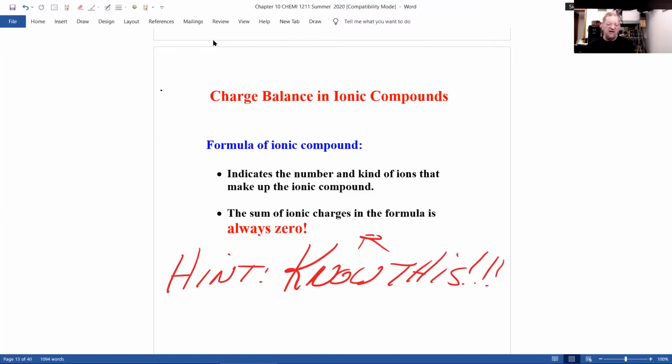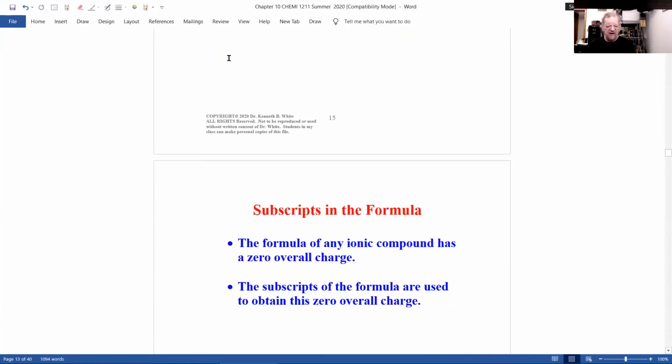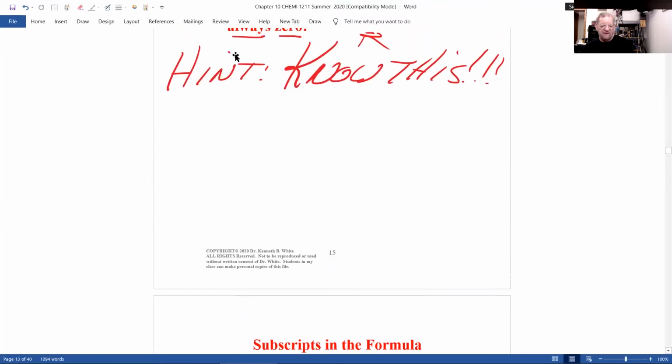The sum of all ionic charges in a formula or any molecule is always zero. All molecules have a net zero charge. I'll write it right here.